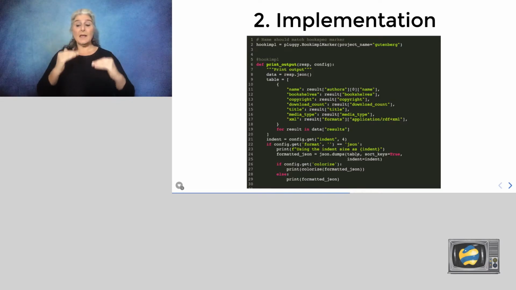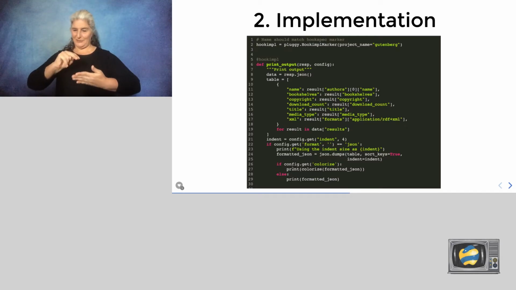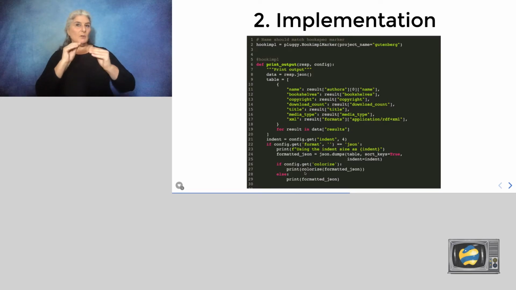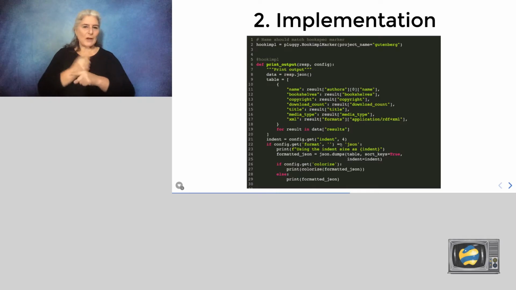And then we format the dictionary into nice JSON format. And if the user has asked us to colorize, we call the colorize function. For brevity reasons, I have not included the colorize logic, but it is available in the source code, which I will share at the end of the talk. And if there is no colorize option, we print it as normal formatted JSON with the given indent details.